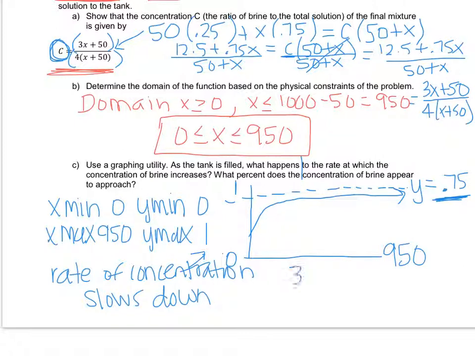And because my exponents match, you just take the coefficients in front, 3/4 equals 0.75, and that's how you tell what the asymptote is. My y asymptote is going to approach 75%. And that takes care of graphing our rational functions.